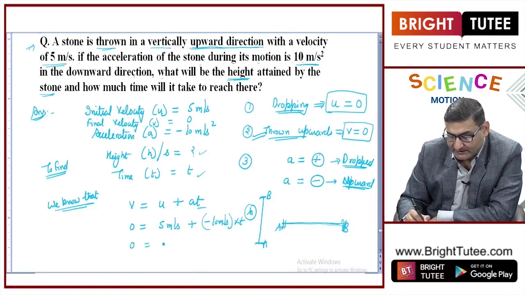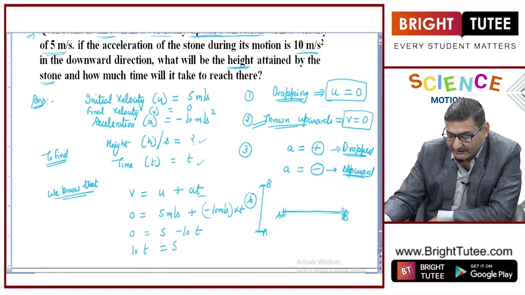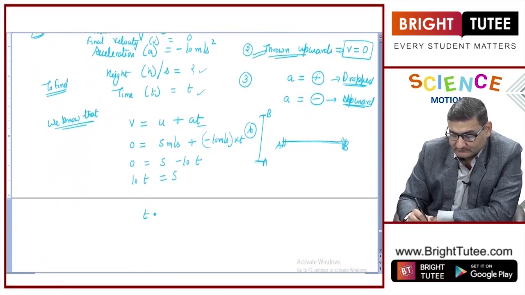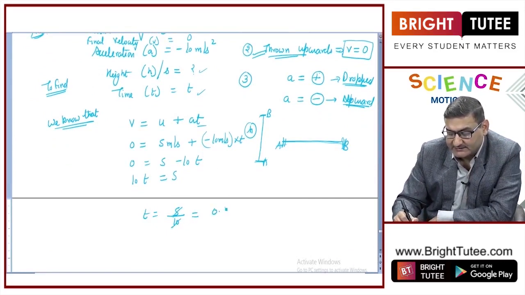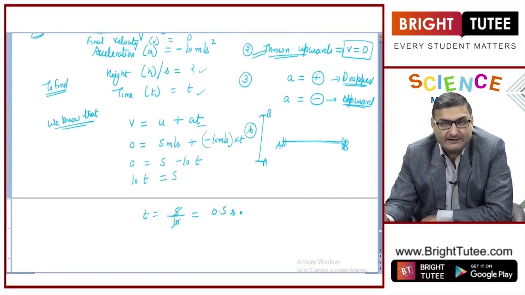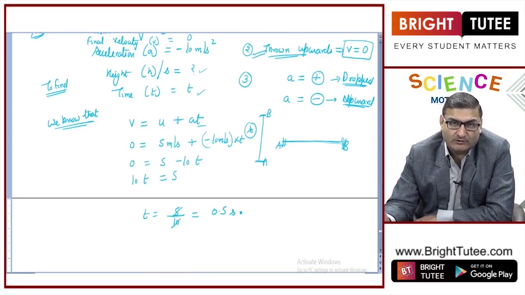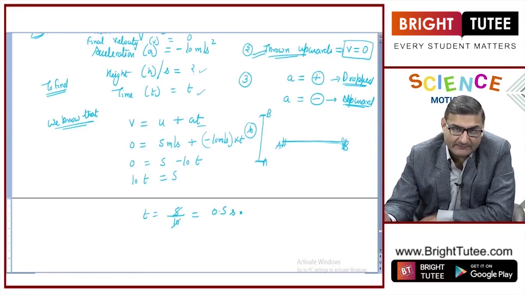So, 0 is equal to 5 minus 10t. Taking 10t to the opposite side, this minus will get converted into a positive sign, this will be equal to 5, and then taking t here and 10 in the opposite direction, I will divide it and I will get 0.5 second, right. So, this will be the time taken by the stone to reach that particular height, right, with that particular velocity.